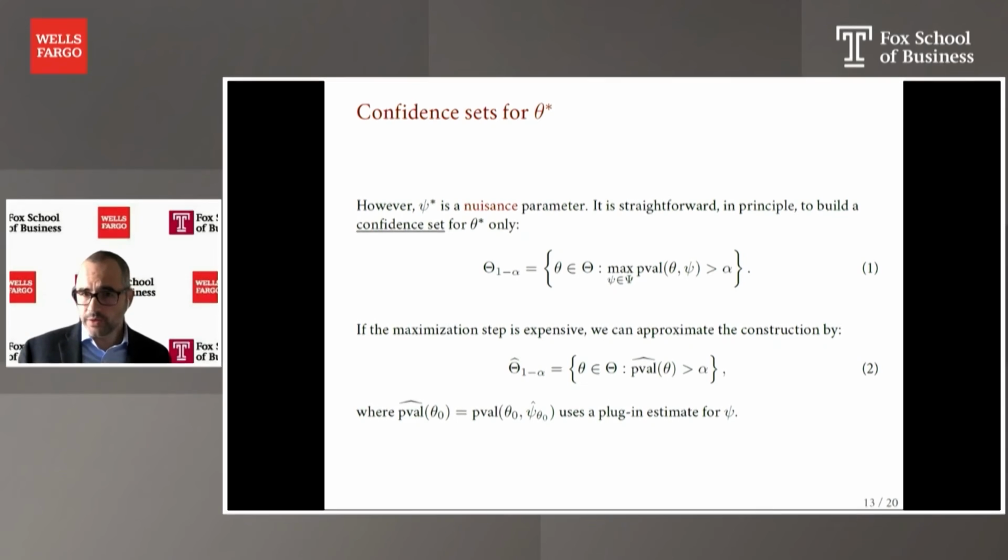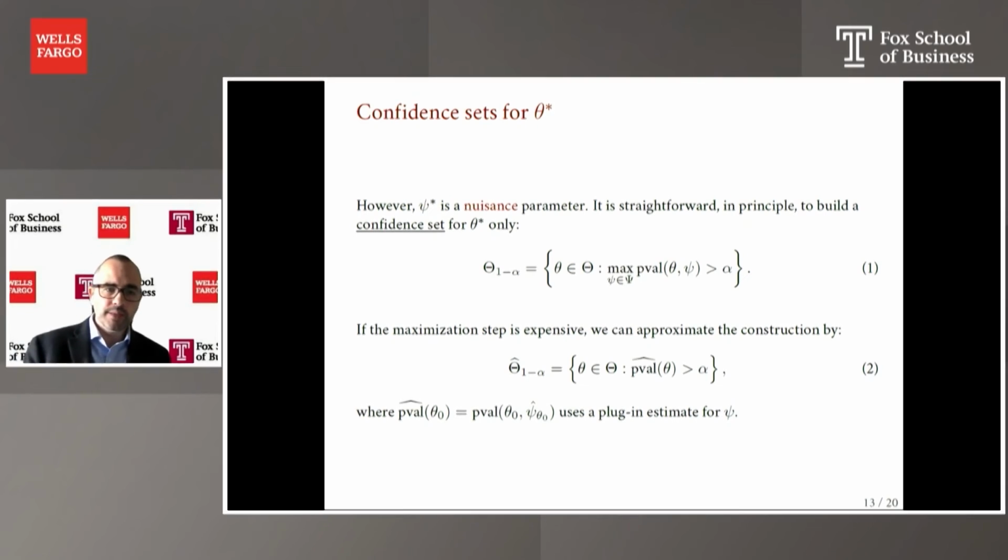So using that method, you can also get confidence sets for your unknown period. Now, because your psi star is a nuisance parameter and that global null is a strong null, what you can do is construct intervals where for every period value that you want to test, you can take that p-value function and then maximize it with respect to this nuisance parameter.